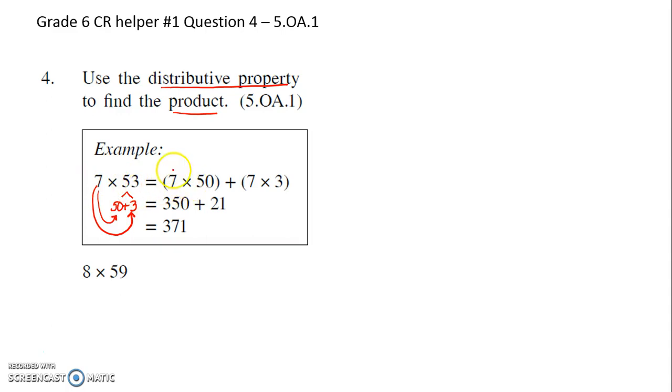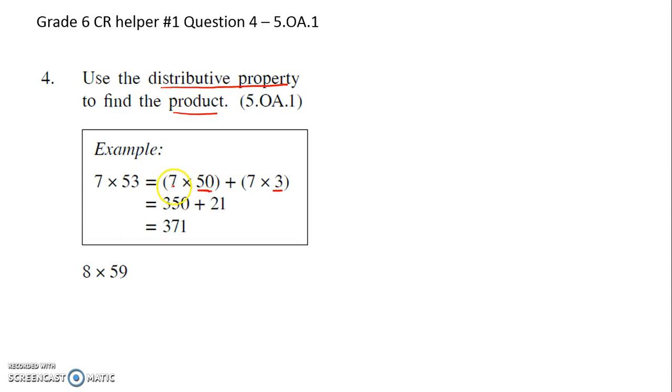So that's what they do here. They take this, and instead of having it be 53, they break it down into 50 plus 3. So if you're going to multiply 7 by 53, you could instead multiply 7 by 50, multiply 7 by 3, and then add those values together. The reason this makes it a little easier is that you might not really be able to do 7 times 53 in your head.